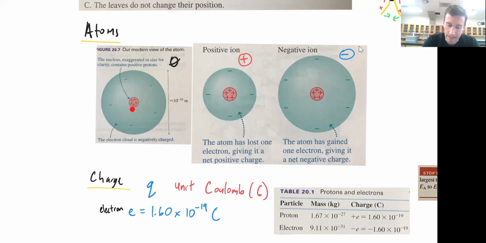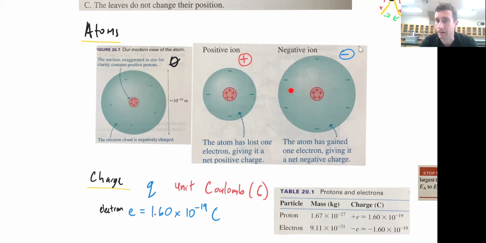So just so we can see it, they've made it a little bit bigger, but there are 5 positive protons and 5 negative electrons, so that balances out to neutral. If I take one of those electrons away, I still have the 5 protons, but now I only have 4 electrons. So that's an extra positive. So this is a positive ion. It has an overall positive charge because there's less negative and one more positive.